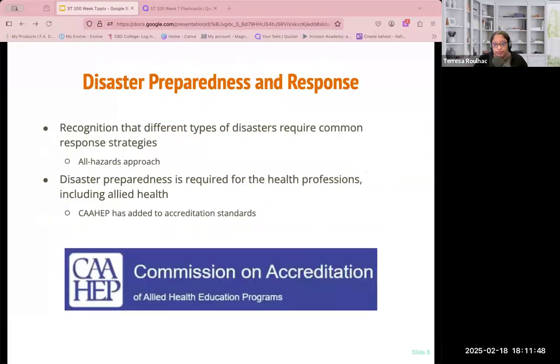In recent years, the focus on disaster preparedness has grown across a lot of different sectors, including healthcare. And that has to do with the increasing occurrence of natural disasters, pandemics, and other emergencies. For us, understanding disaster preparedness is going to be important because in times of crisis, healthcare facilities rely on all staff to respond effectively.